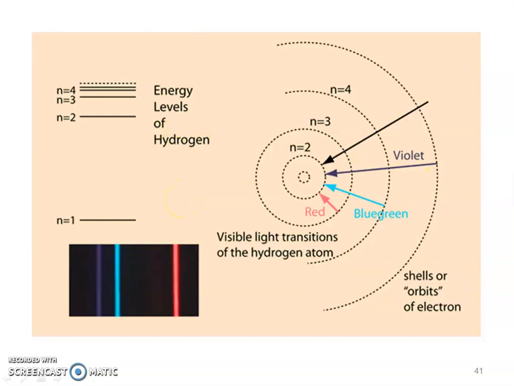Because remember, guys, when we're dealing with hydrogen, you're never really dealing with one atom. We're always dealing with Avogadro's number of atoms, 6.02 times 10 to the 23rd atoms of hydrogen. That's why one electron from one atom might go to the second energy level and come back down, so you see the red, but another hydrogen atom's electron will go to the third energy level and come back down in this blue-green.